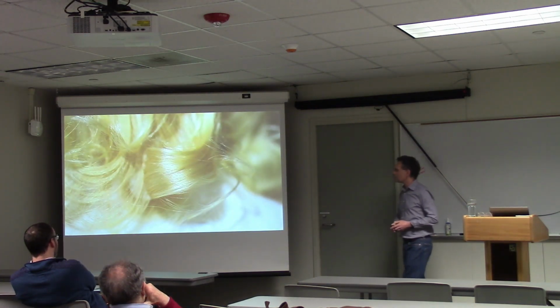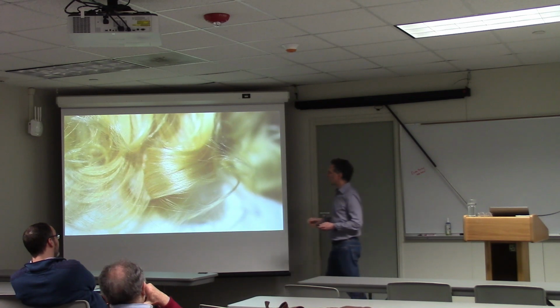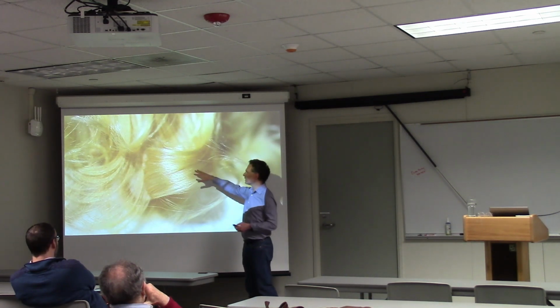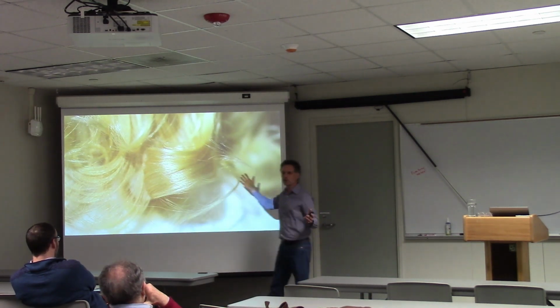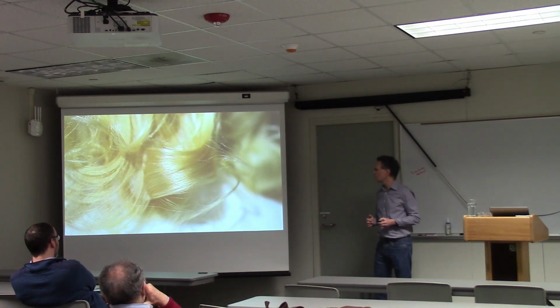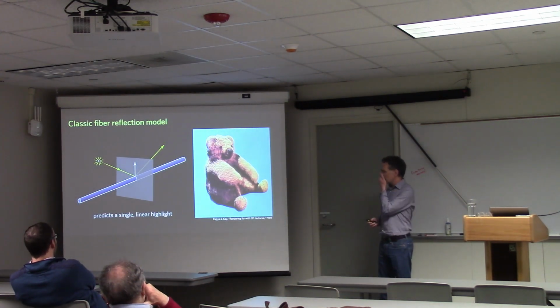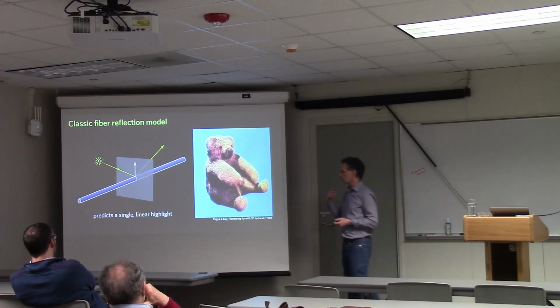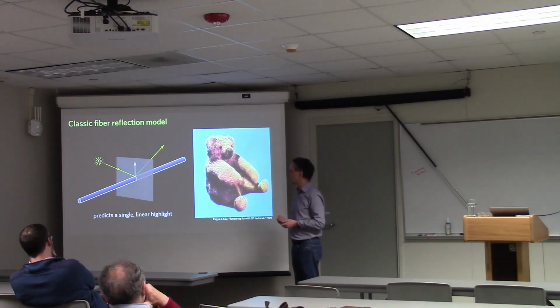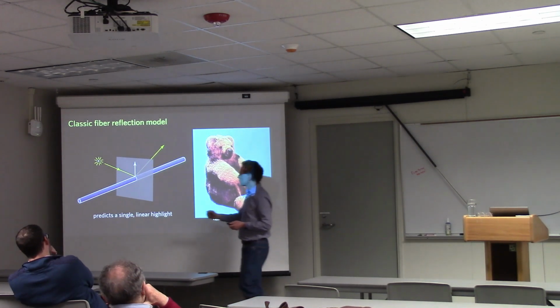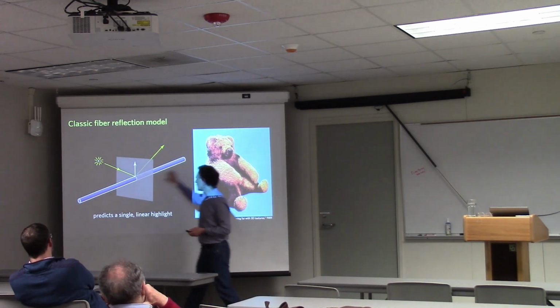Some of the things that happen here: multiple scattering is really important for light-colored hair, which leads to light that travels and spreads out through a mass of hair. And if you think about the simplest prediction you can make, you can think of a fiber as being like a cylinder.